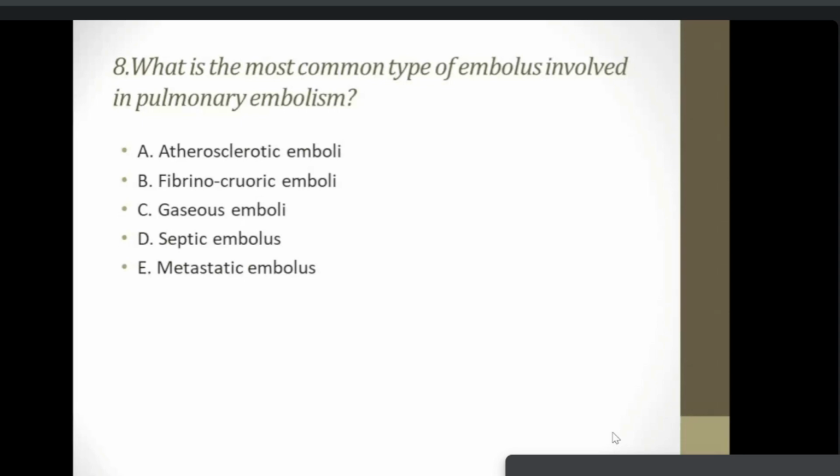What is the most common type of it? Okay, we have here B, C, multiple answers. Okay, A.